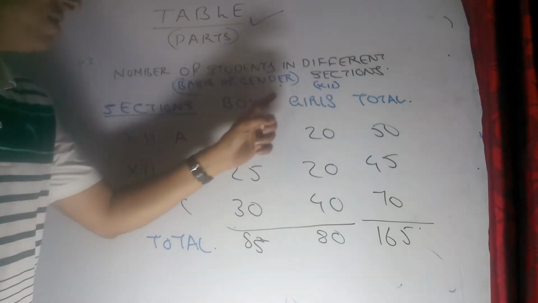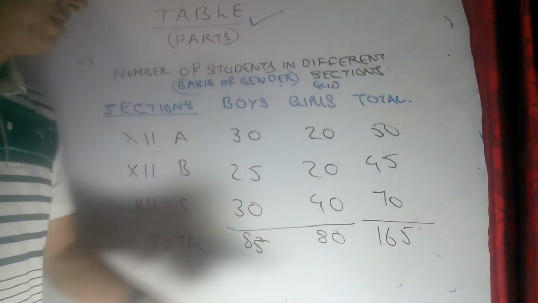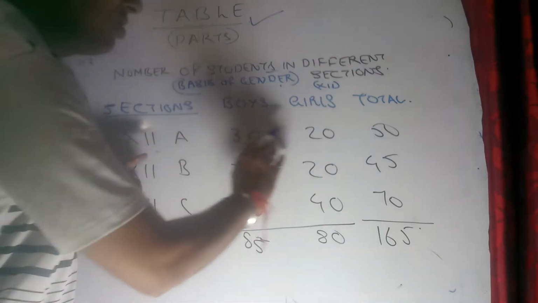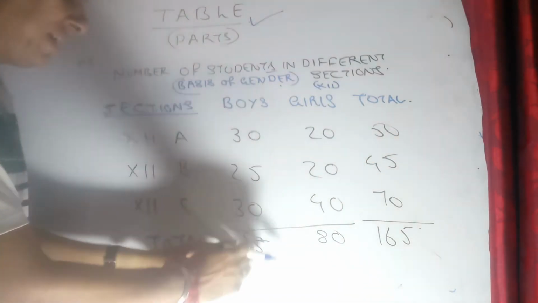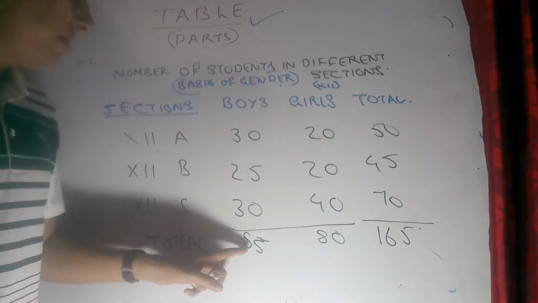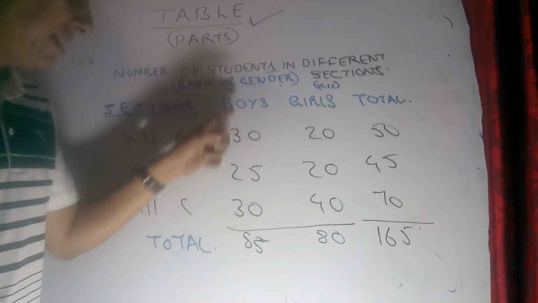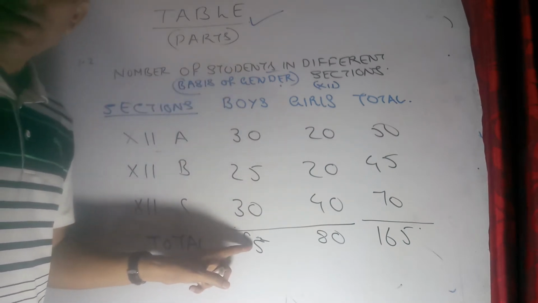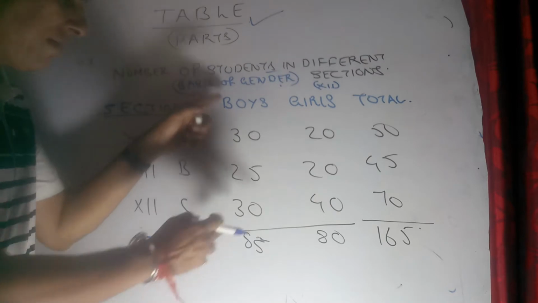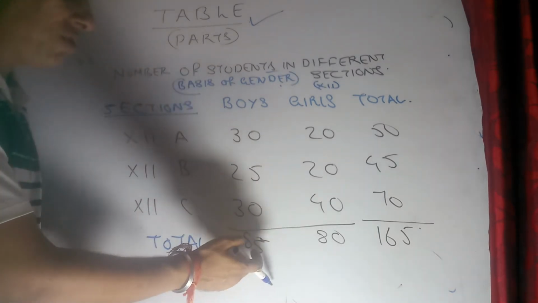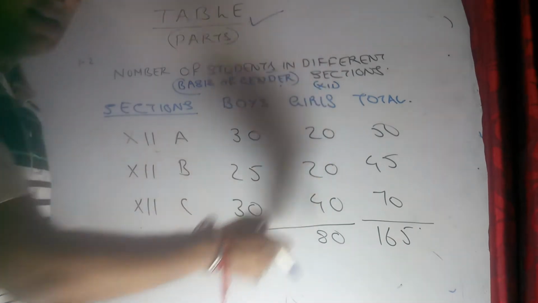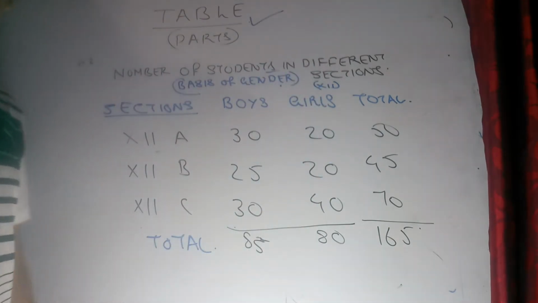And there are boys and girls in each section, with reference given horizontally for each section and gender wise vertically. The total number of boys is given vertically as well as the girls.